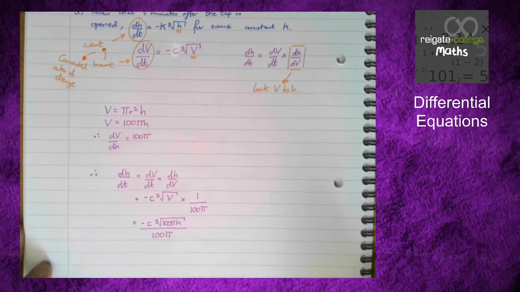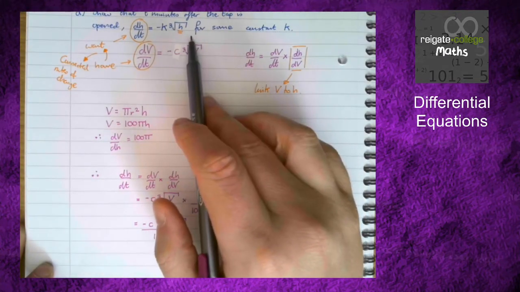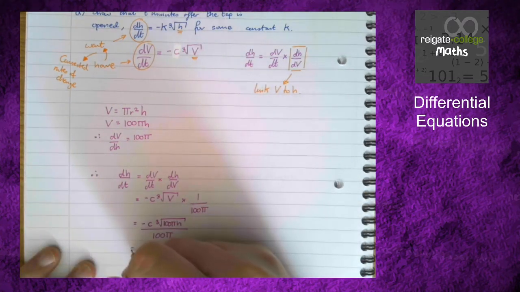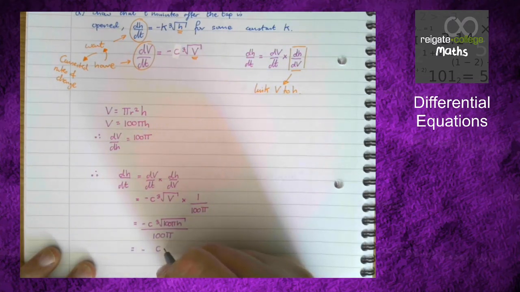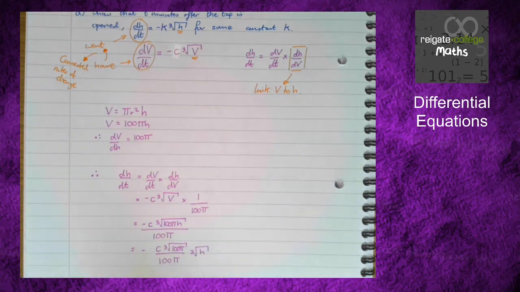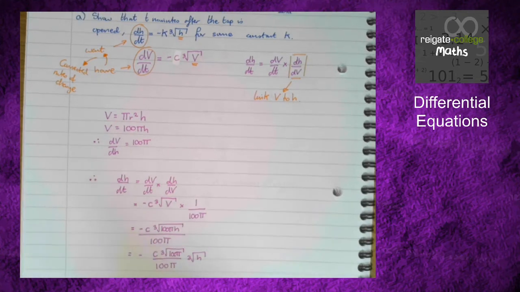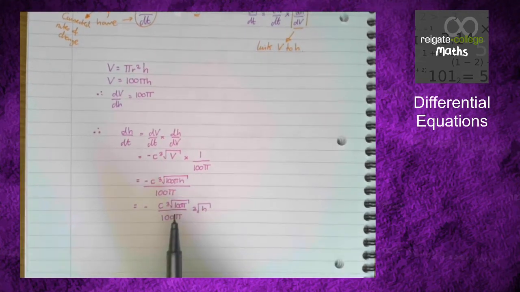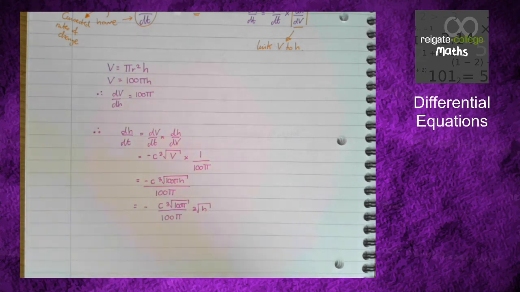The last thing we need to do is write it in this form. So we've got minus c times the cube root of 100 pi over 100 pi times the cube root of h. So remember when I said that k would probably come out as really unpleasant? We can see that. The thing with this question, and going on to later, we're never actually going to write this down.